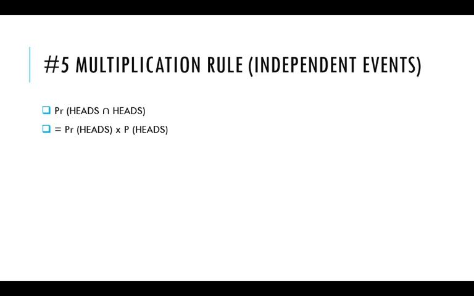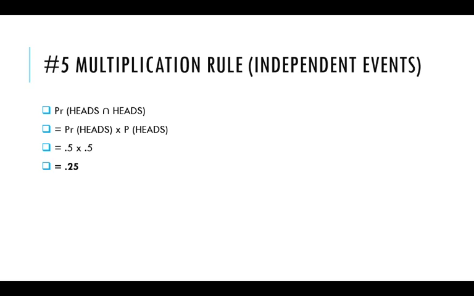Well, what is the probability of getting heads? If we have a coin toss on a fair coin, it's going to be half chance of heads and half chance of tails. So the probability of heads is 0.5. 0.5 multiplied by 0.5 for round 1 and round 2 gives me 0.25.